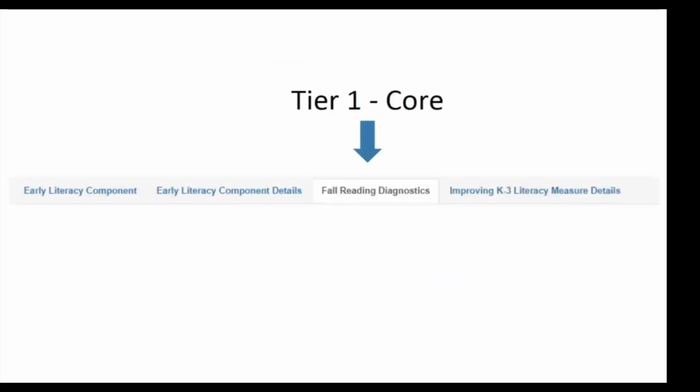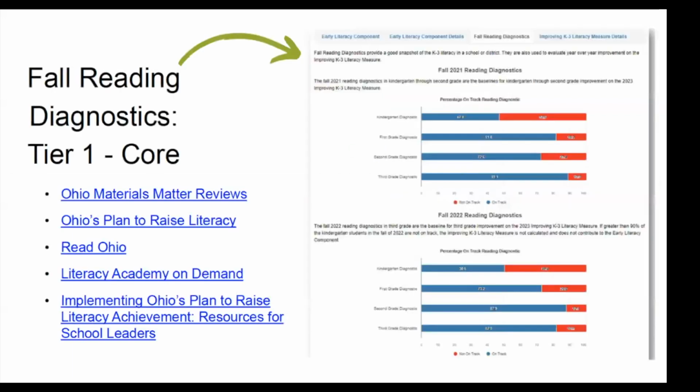So some things to consider as you are working through your specific report card. Again, you can see the tabs that we've worked through throughout this presentation. The fall reading diagnostics, you can see tier 1 core there. Eric, if you'd like to go to the next screen, thank you. So on the right, you can see the fall reading diagnostics. On this tab, you want to consider your tier 1, your core instruction. Are you at 80% in each of your grade levels? If you are not, what can you do to strengthen your core curriculum?